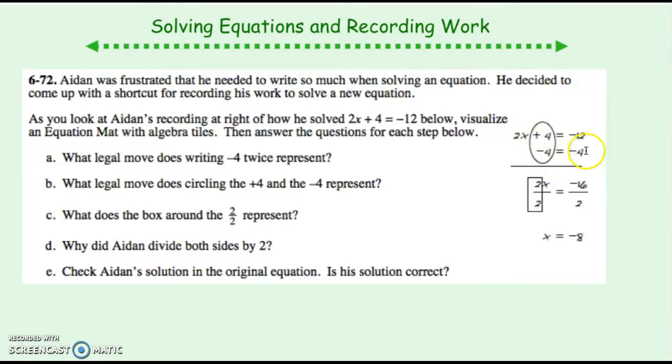So here I'm taking away 4 on the left and I'm taking away 4 on the right. So that's called balanced sets, because I'm taking away 4 units on the left on mat A and 4 units on mat B. So this would be balanced sets.